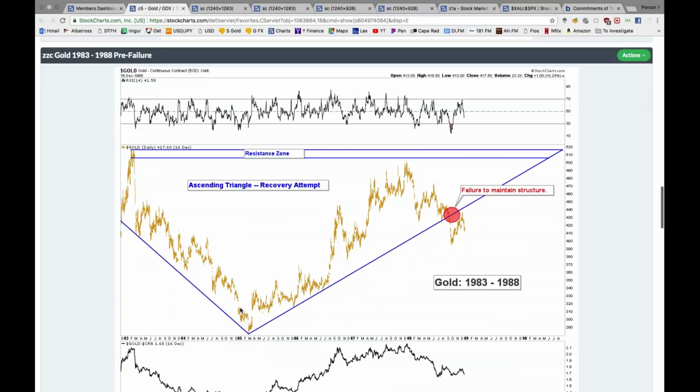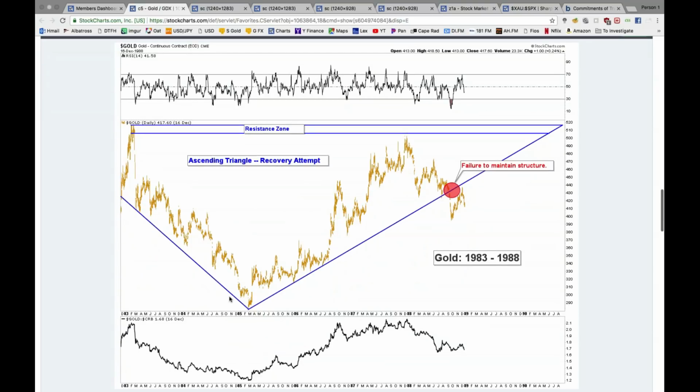And this chart now shows that attempt at a recovery that we saw from the 80s through 1987. If you think about what was happening in the rest of the world, in the fall of 87 we had the crash in the U.S. stock market, corresponding almost exactly to the top of the recovery attempt here in gold.